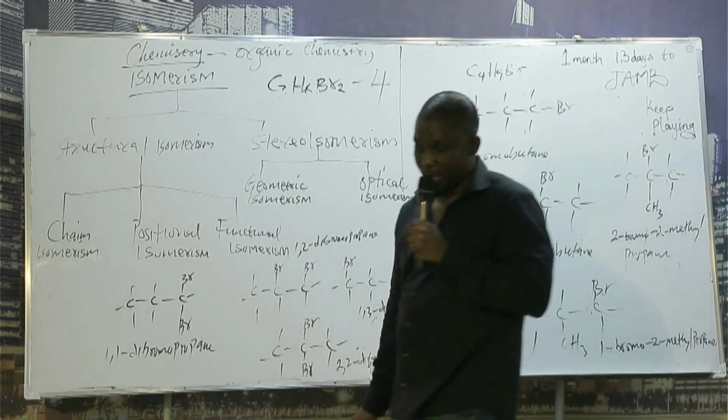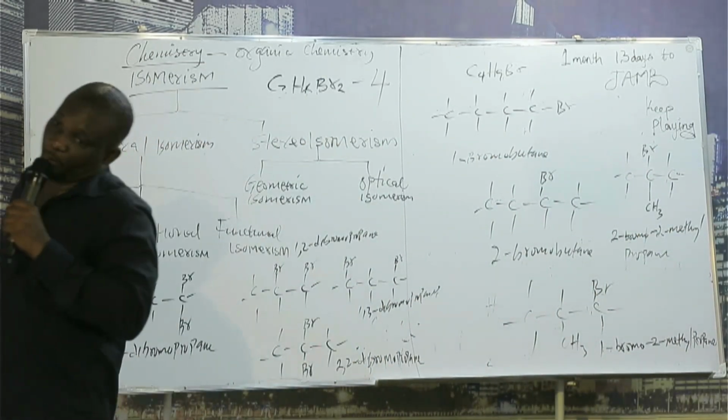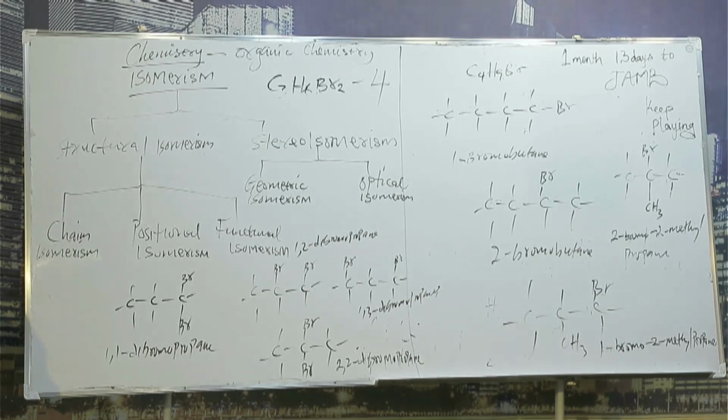Some of you think you just come here and want me to do a miracle and make you understand. Let me tell you, everybody cannot understand. If you don't understand, it is a natural thing. I don't know the background you are coming from. Probably you did not do this at all, so if you come here, you can't understand.